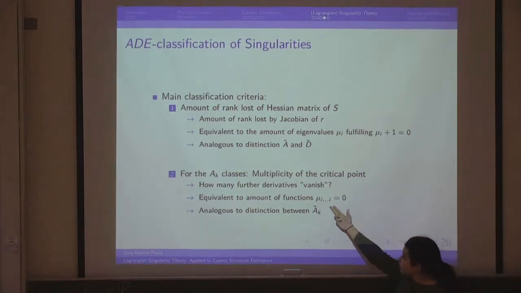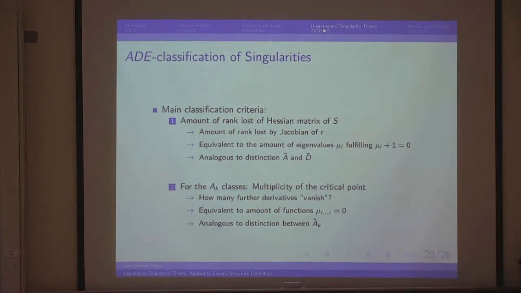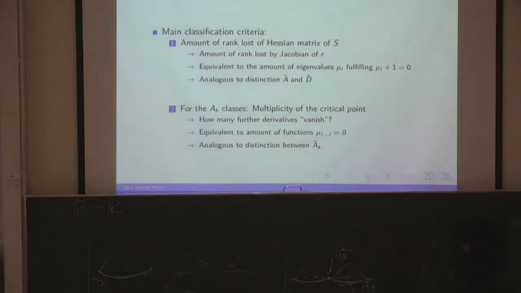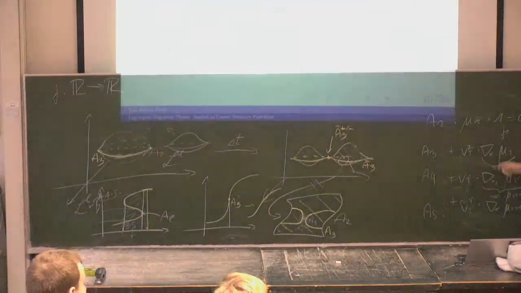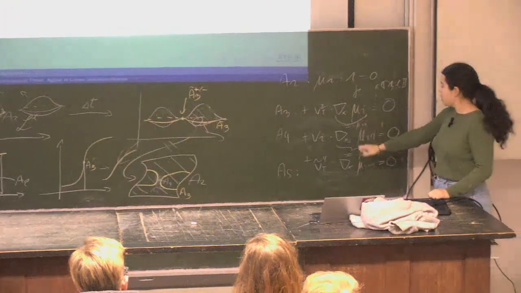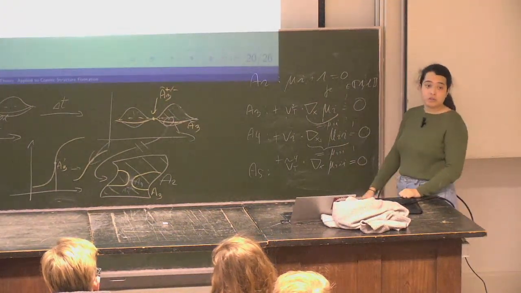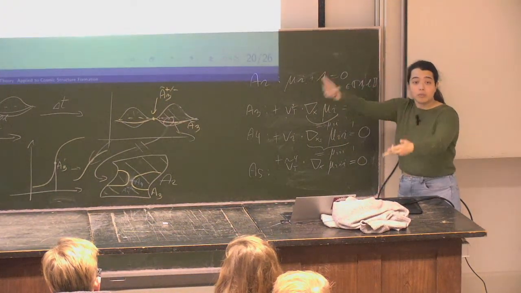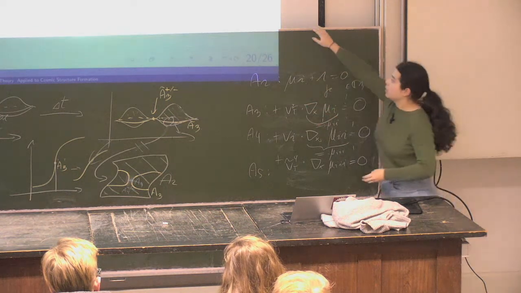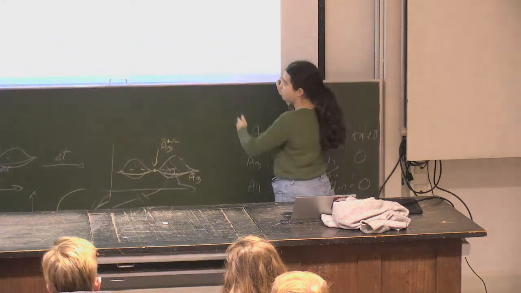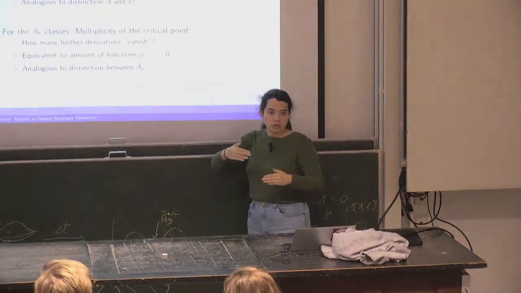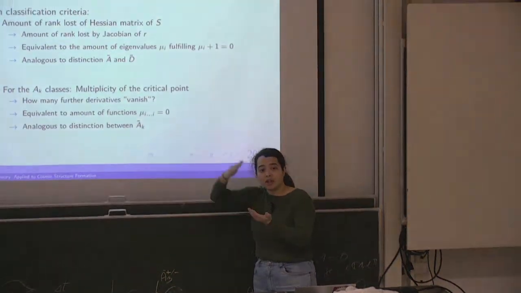And this is equivalent to the conditions for the A mu classes that we established here. Namely, okay, I have this, then this vanishes too, this vanishes too, this vanishes too. So we develop more and more orthogonality conditions, and they are equivalent to expecting the multiplicity to get higher and higher.